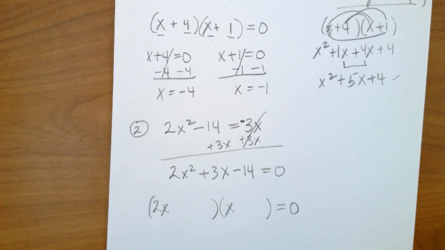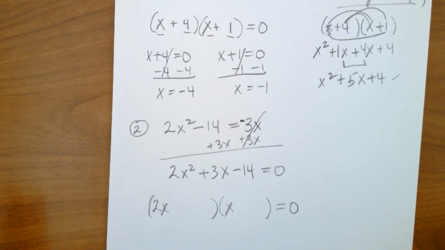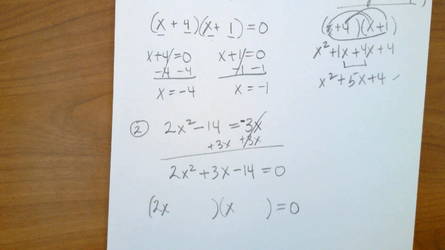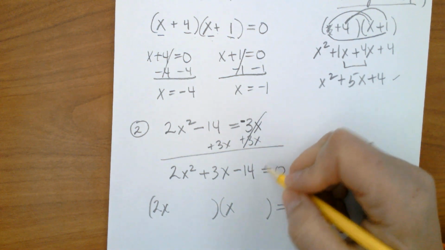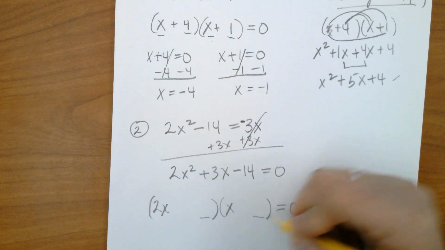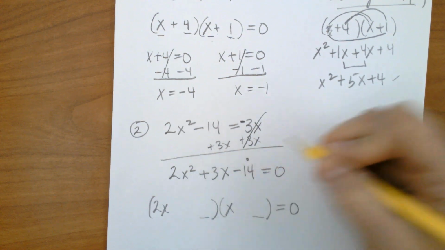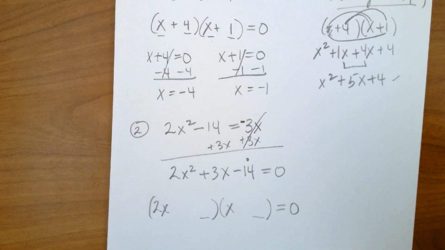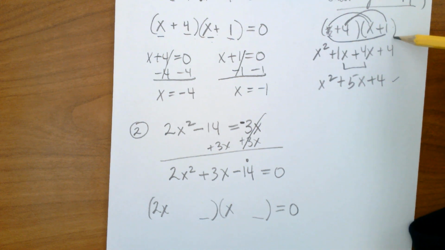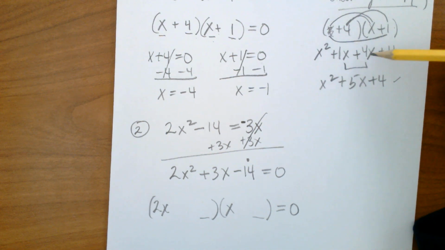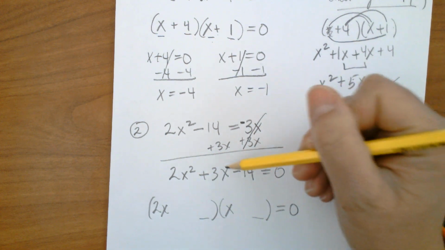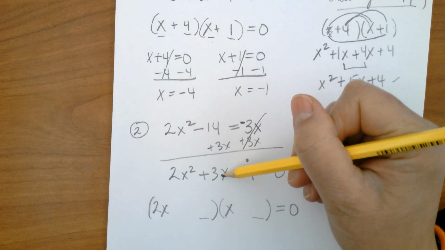Now, this is where there are so many different methods to use with this if you are not savvy with your numbers, because we know that these two have to multiply to give you negative 14. However, when we do all of this checking, our middle term has to come out to 3x.